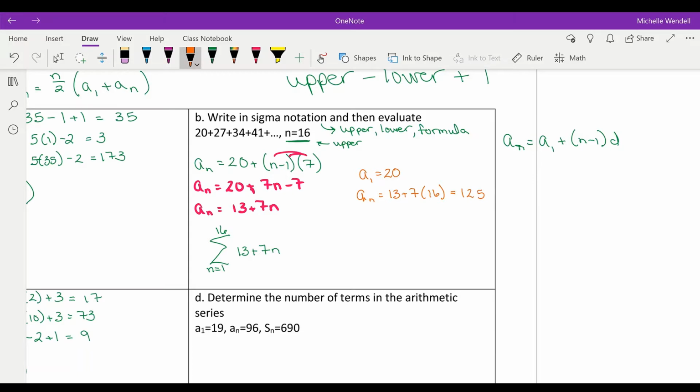It's 125. N is going to be 16 minus 1 plus 1. So that means I have 16 terms. And then I can plug this into my summation formula. So S sub 16 equals 16 over 2 times my first term plus that last term. You get a sum of 1160.